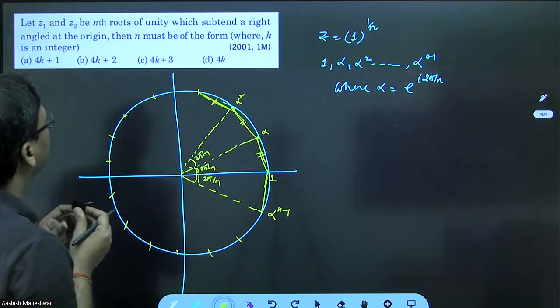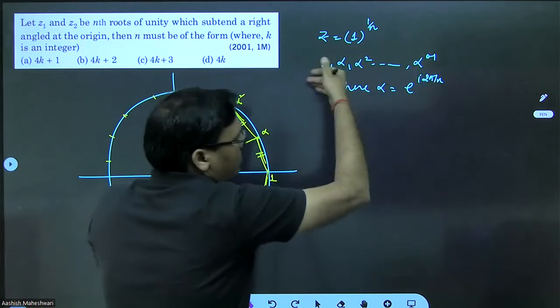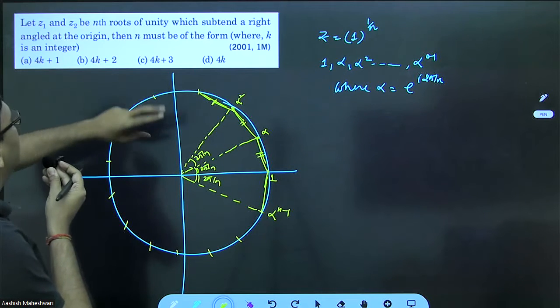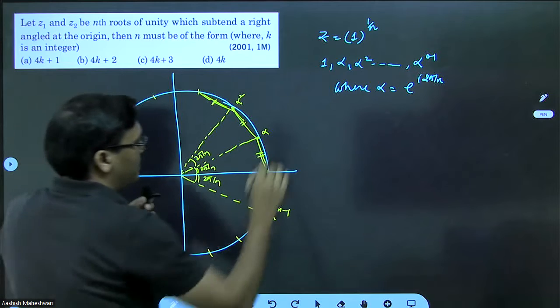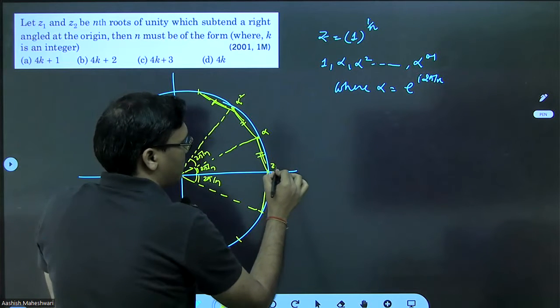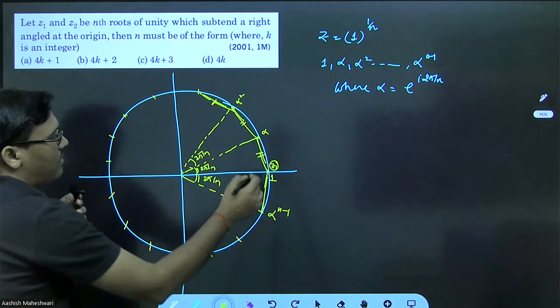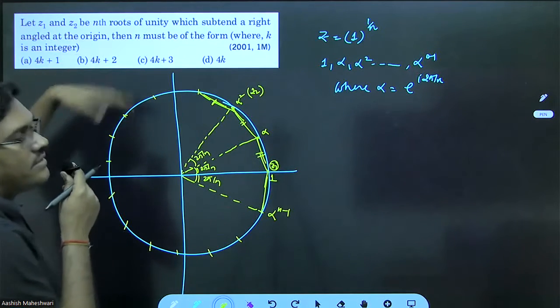Now the question is, Z1, Z2 are nth roots of unity. You can take any two nth roots of unity which subtend a right angle at origin. So for example, this is the first complex number, Z1. Now this is Z2, another nth root of unity.